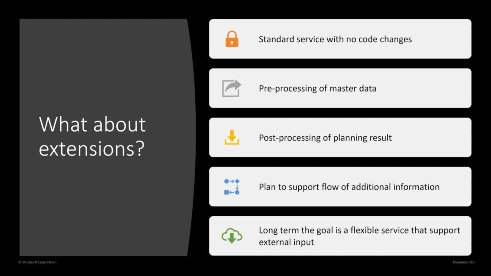So this is something we're looking into, to have a flexible setup where you can add additional information as well. Long term, and this is something where we are working closely with both customers and ISVs, we want to have a flexible service that can support the changes needed with extension points, and ideally also external input from other sources as well.